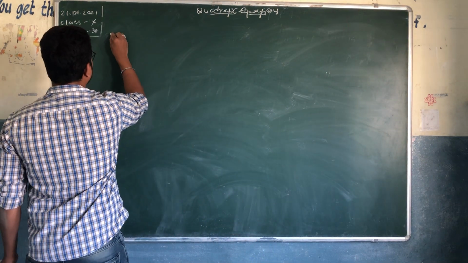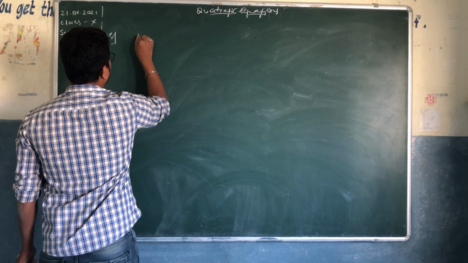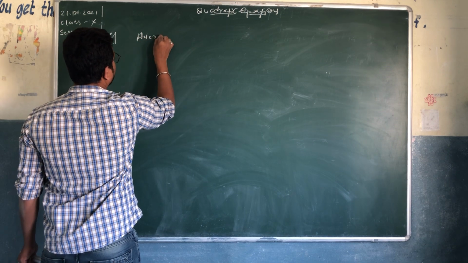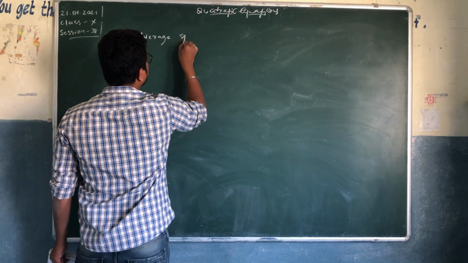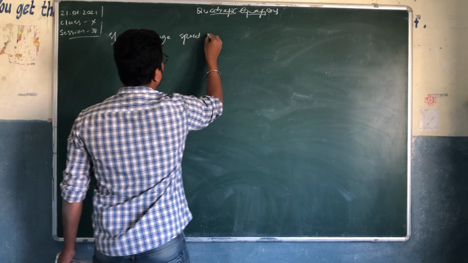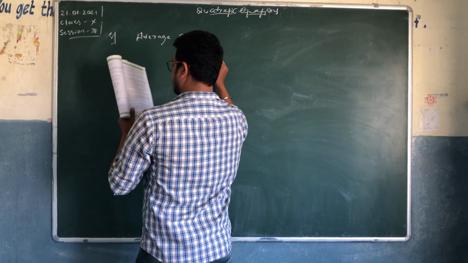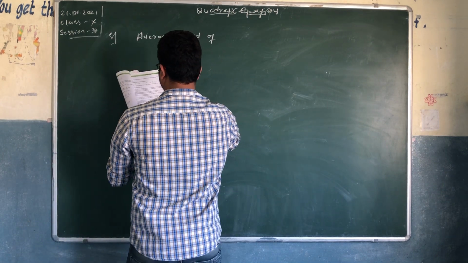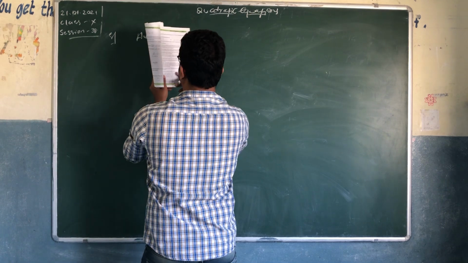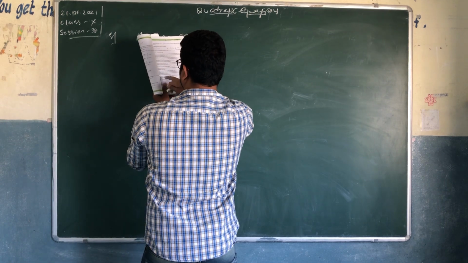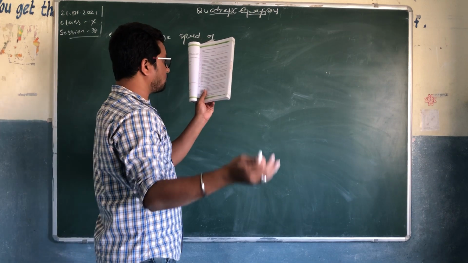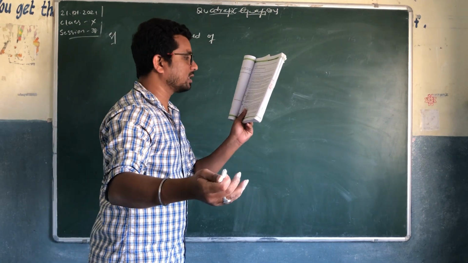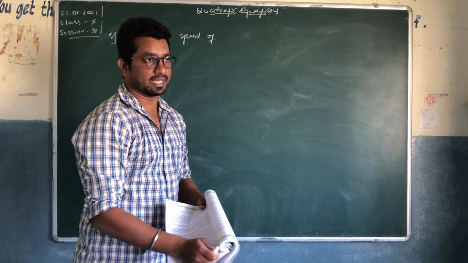Let me write down. If the average speed of the express train is 11 kilometers more than the passenger train, he is saying.